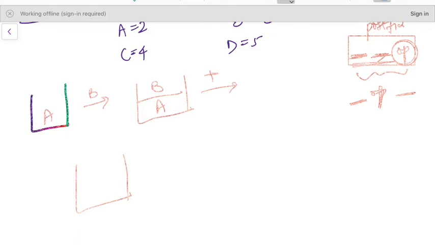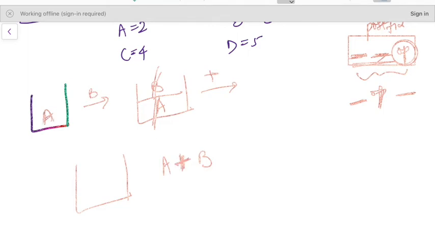What happens is the stack is empty. Why? Because we have popped these two and applied this operator in between them.